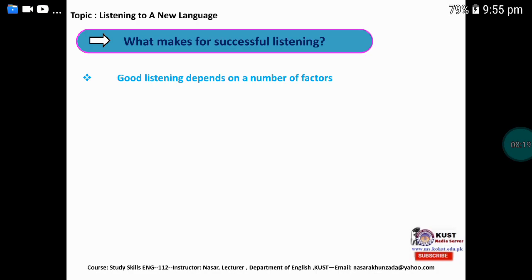As I have explained in the previous class, listening involves a good memory, so anything you do to improve your memory in general will also improve your listening. There are also other quite specific factors, for example, your background knowledge, your involvement, your interest in the topic, and your relationship with the speaker.